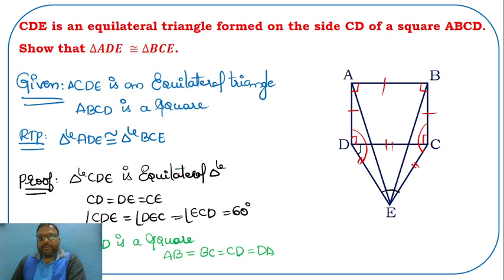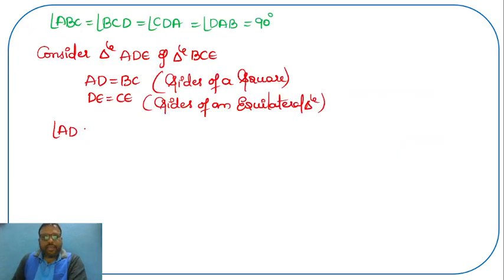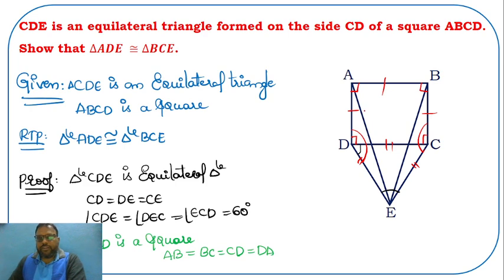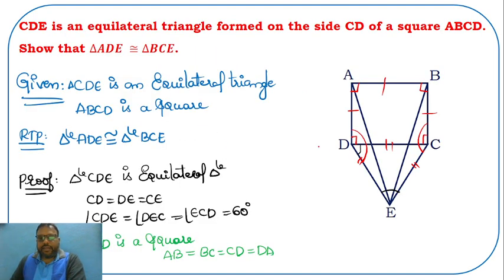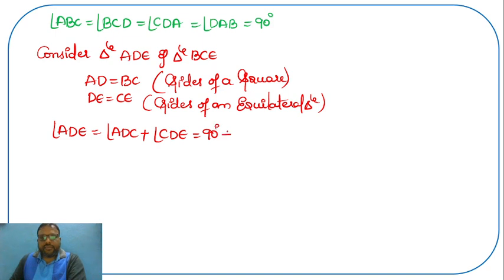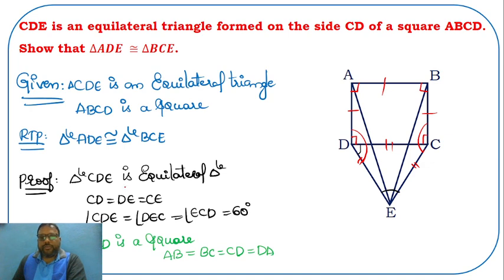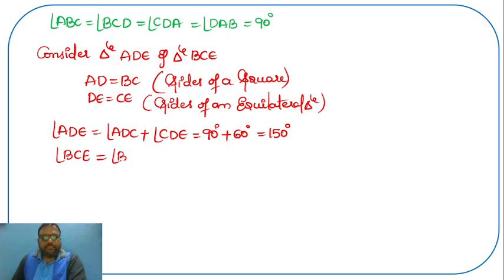Now, if you see here, angle ADE is a combination of two angles, angle ADC and angle CDE, right? Angle ADE is equal to angle ADC plus angle CDE, that is 90 degrees plus 60 degrees. So totally this is 150 degrees. Similarly, angle BCE is also the combination of two angles, angle BCD and angle DCE.